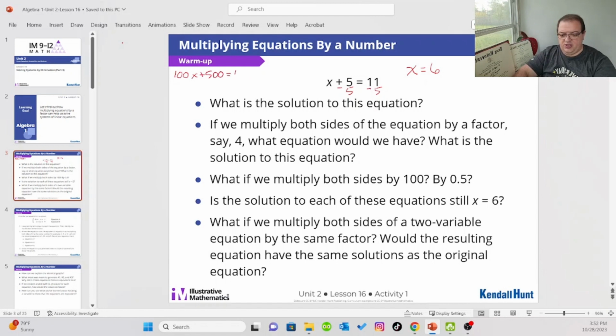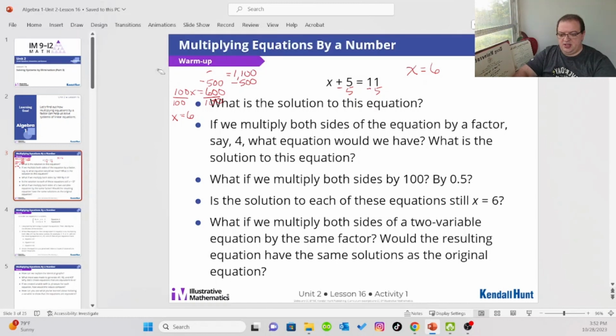And 11 times 100 would be 1,100. We would subtract the 500 from both sides, and we would have 100x equals 600. We would divide both sides by 100, and again, we would end up with x equals 6. So we did the same thing to both sides of the equation. We created an equivalent equation, and we got the same answer in both instances.